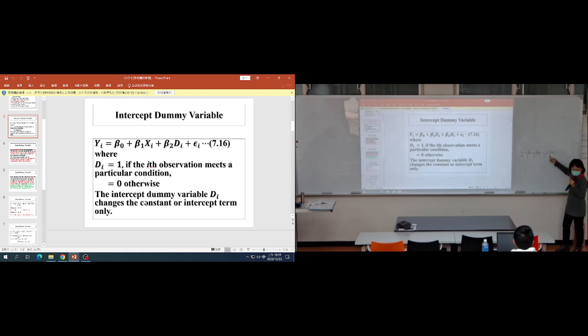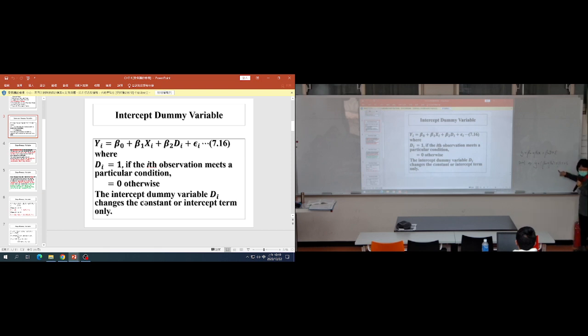Why do we call this one intercept dummy? Because D is equal to 1 or 0. When D equals 1, this becomes beta 2, so y is beta 0 plus beta 2 plus beta 1 x.